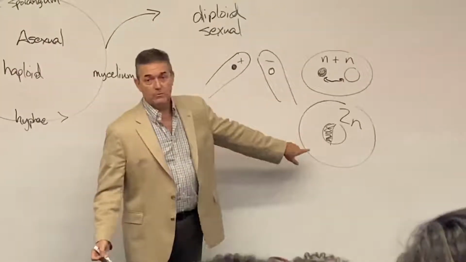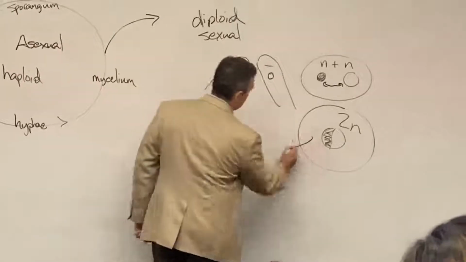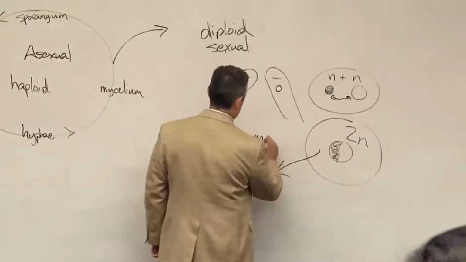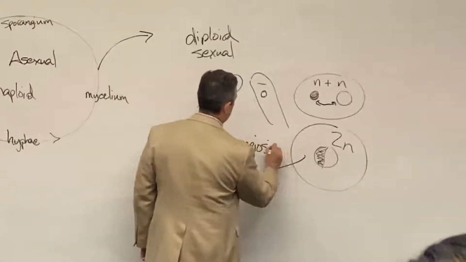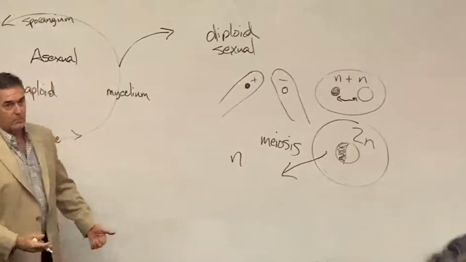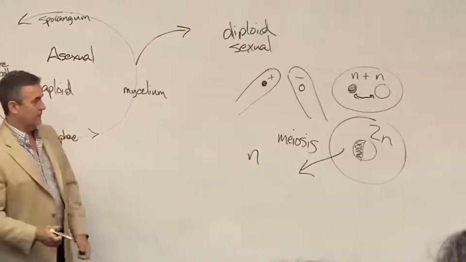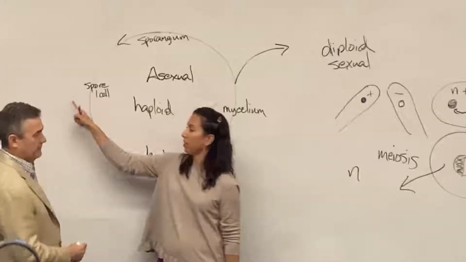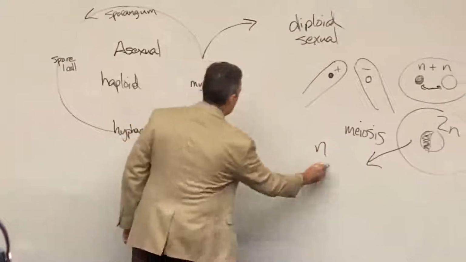But fungi don't do this. They go immediately from the diploid back to haploid meiosis. And then they can produce spores, or they can immediately start producing hyphae. It goes right back over here.